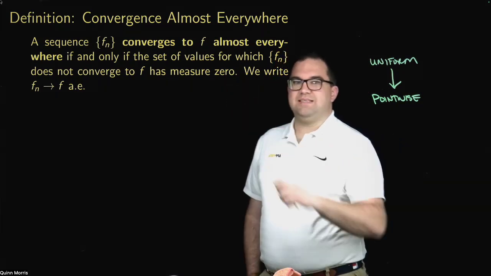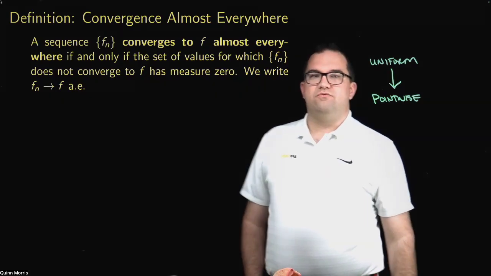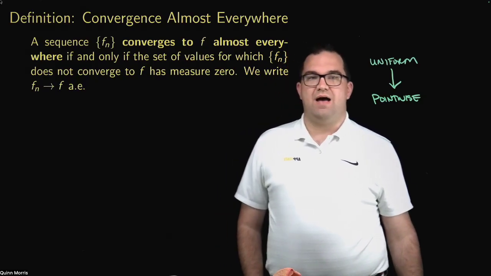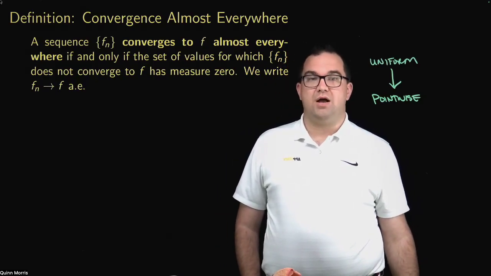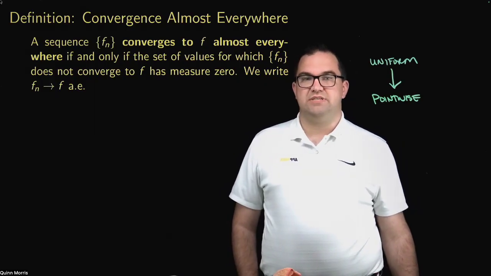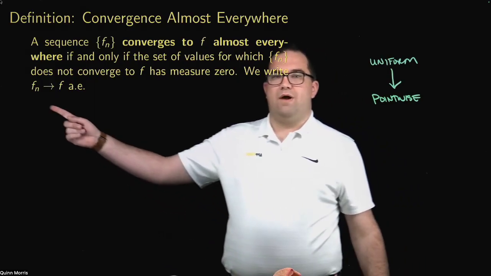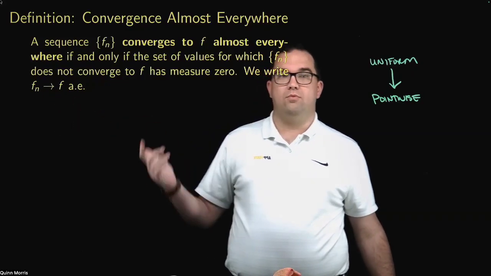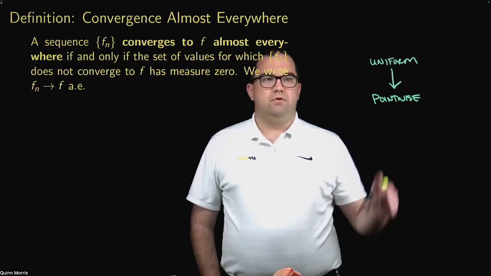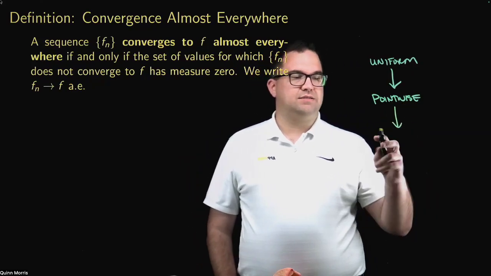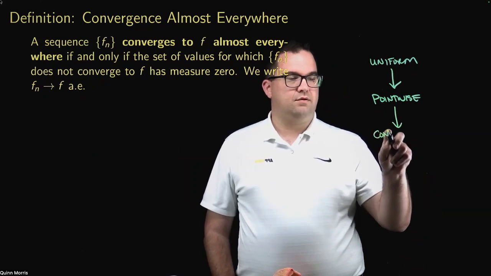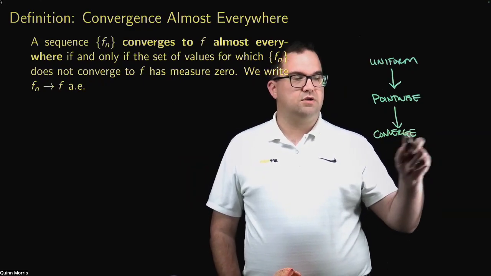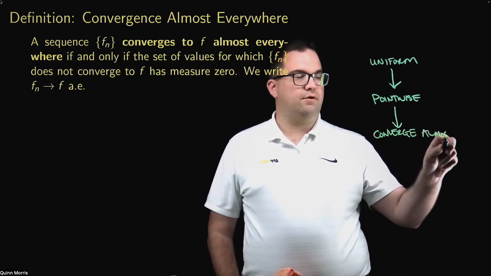We say that a sequence of functions f n converges to f almost everywhere if and only if the set of values for which f n does not converge to f has measure 0. In that case, we'll write f n converges to f, with a.e. here, standing for almost everywhere. What I want you to recognize is that we're now defining an even weaker type of convergence, called convergence almost everywhere.